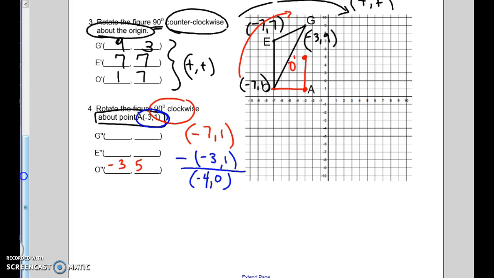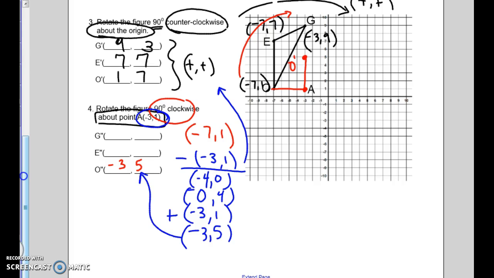Then I follow the same pattern up here, where I need to flip my numbers, so it would be 0, 4. It's going to end up in the same quadrant, so that would be a negative, positive number. And then I'm going to add back in the negative 3, 1. So 0 plus negative 3 is negative 3, and 4 plus 1 gives me the 5. So I ended up with the same point, just a different way to work that problem.